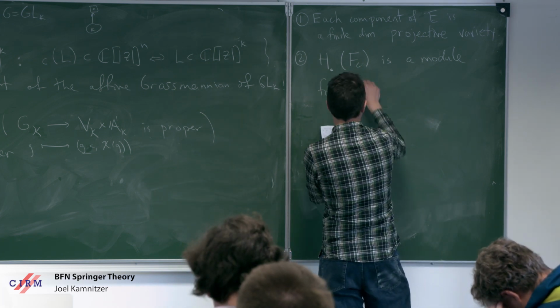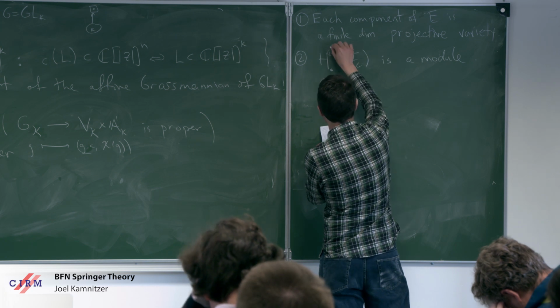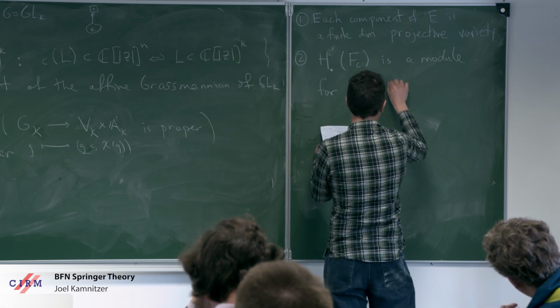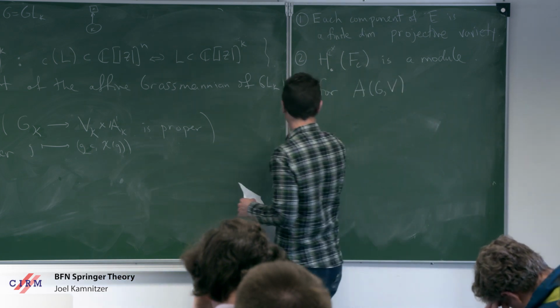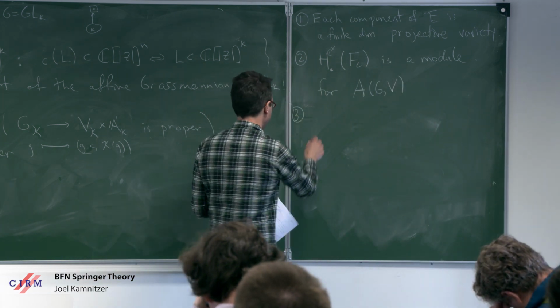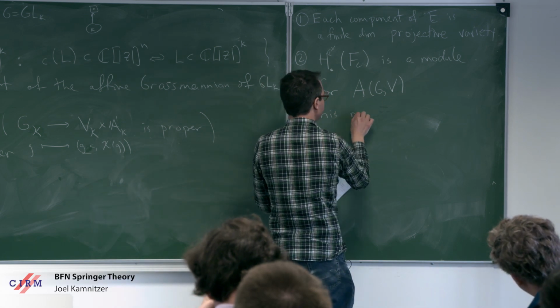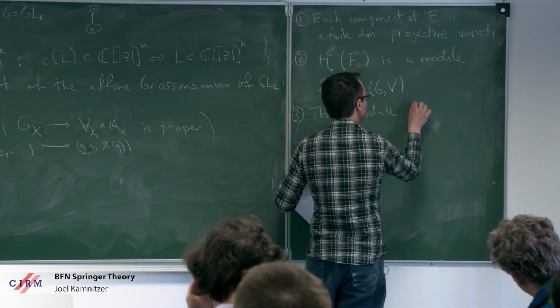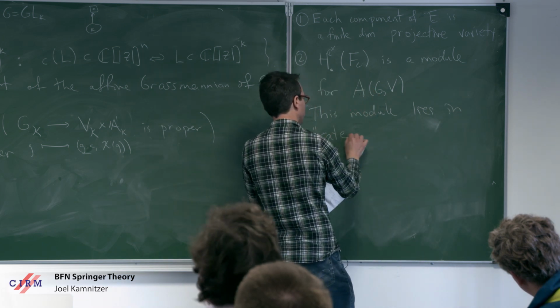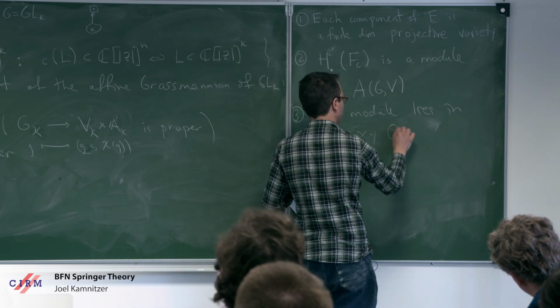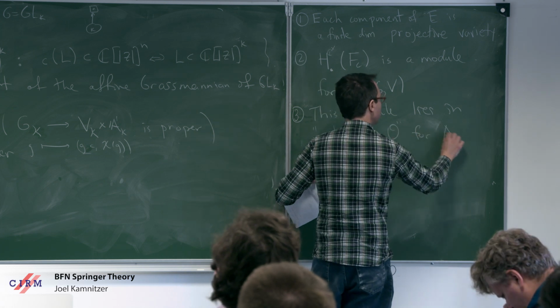It is a module for this algebra A, and if we put C star covariant, it'll be a module for the quantized algebra. If we don't put C star covariant, for the ordinary algebra. And part 3 is this module lies in category O for A_G,V.